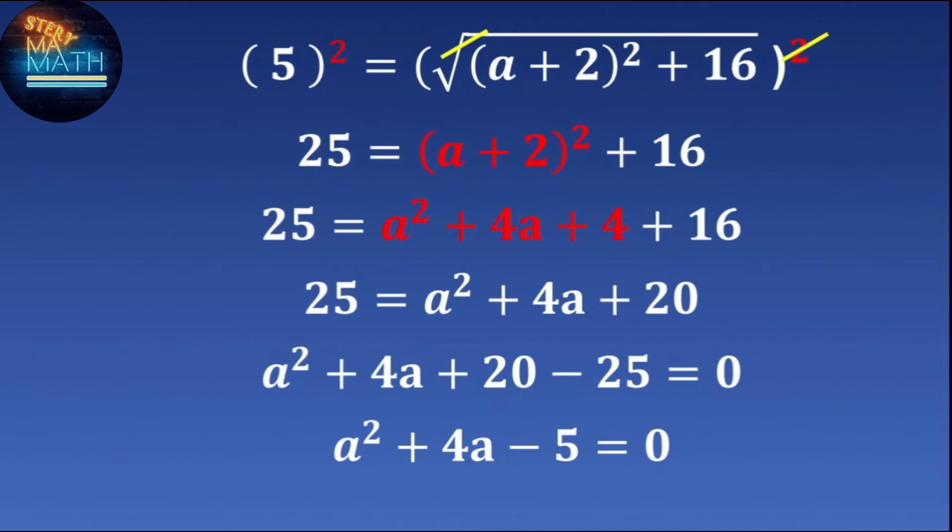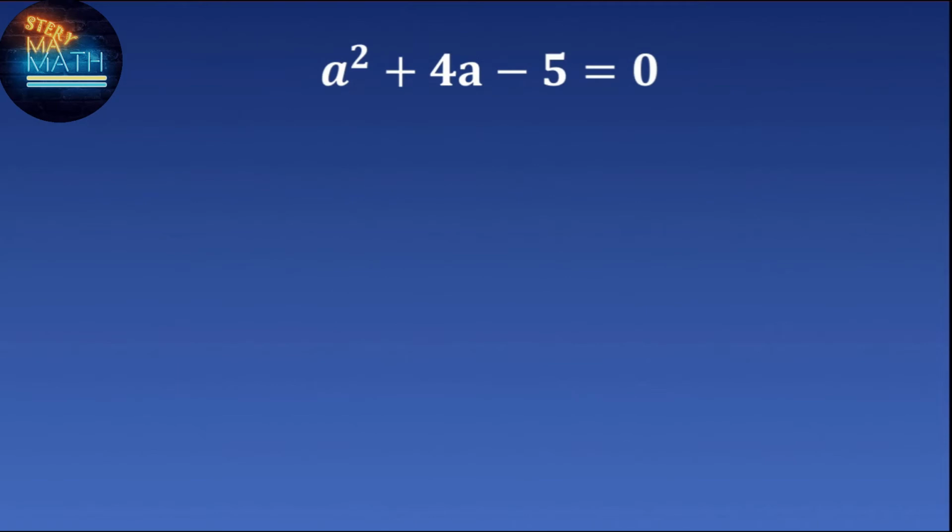By factoring the left-hand side, a squared plus 4a minus 5, you will look for two numbers whose product is negative 5 and their sum is 4. Of course, they are negative 1 and 5. Negative 1 times 5 is negative 5, and negative 1 plus 5 is 4. So the first factor is a minus 1, and the second factor is a plus 5.